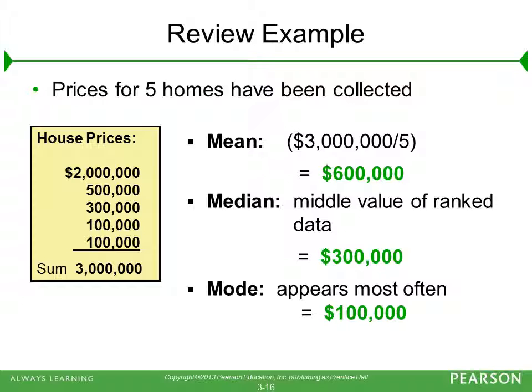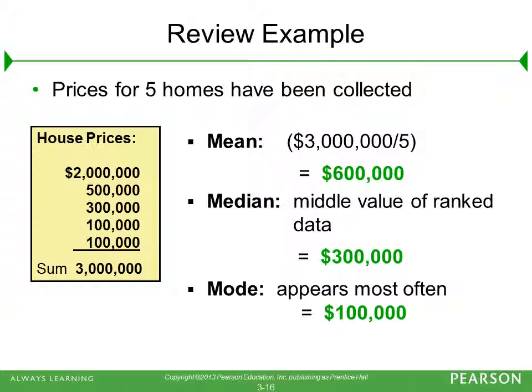So the third number in an organized fashion would be the median. Therefore, the third value after you organize the data in an ascending order, which is 100,000, 100,000, 300,000, 500,000, and 2 million, the median is 300,000. Somewhat of a better representative of the data than the mean in this case.